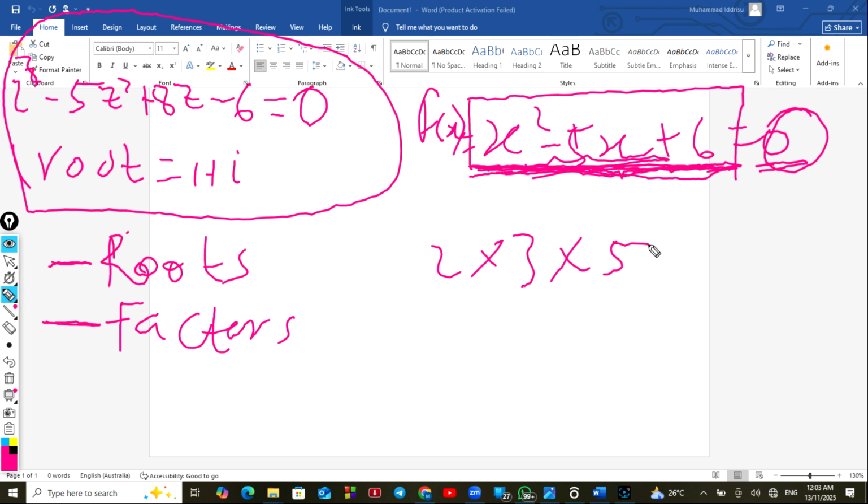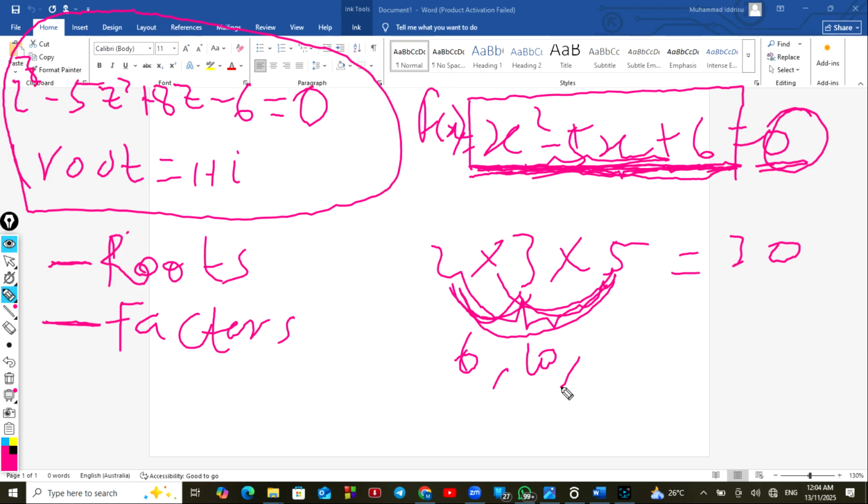The factors of this number: 2 itself is a factor, 3 is a factor itself, 5 is a factor itself, 2 times 3 is a factor, 2 times 5, 10, is a factor, and 3 times 5, 15, is a factor.